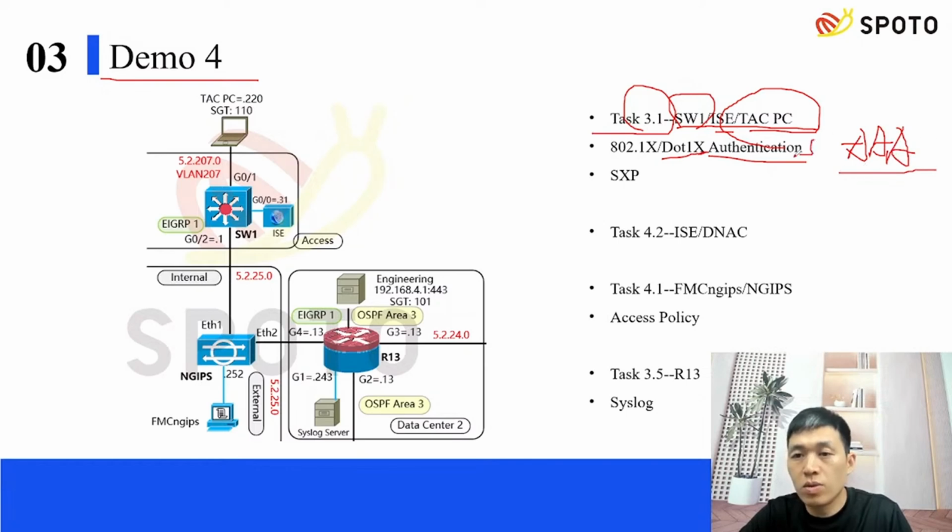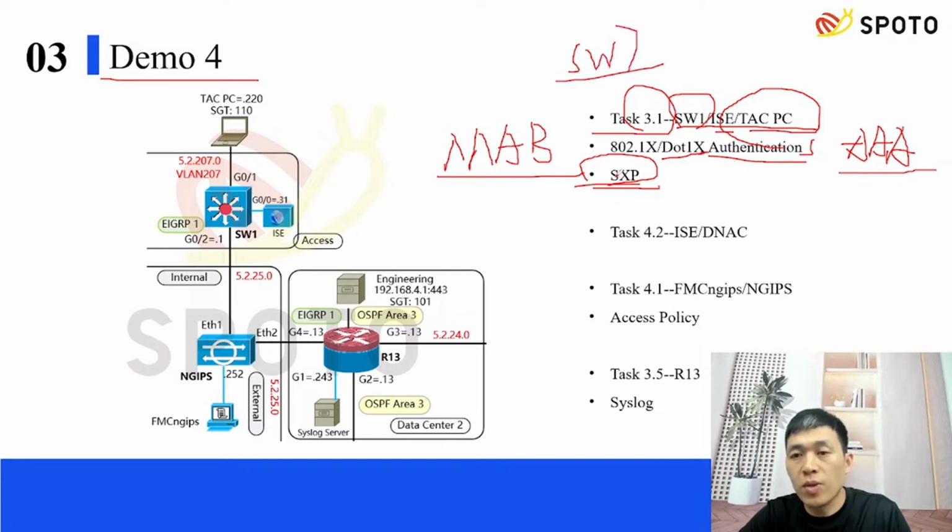And later you will see MAB authentication, which is MAC authentication bypass. And in the last version, TrustSec is deployed on switch 7. But now in this new version, we should deploy this protocol on switch 1.